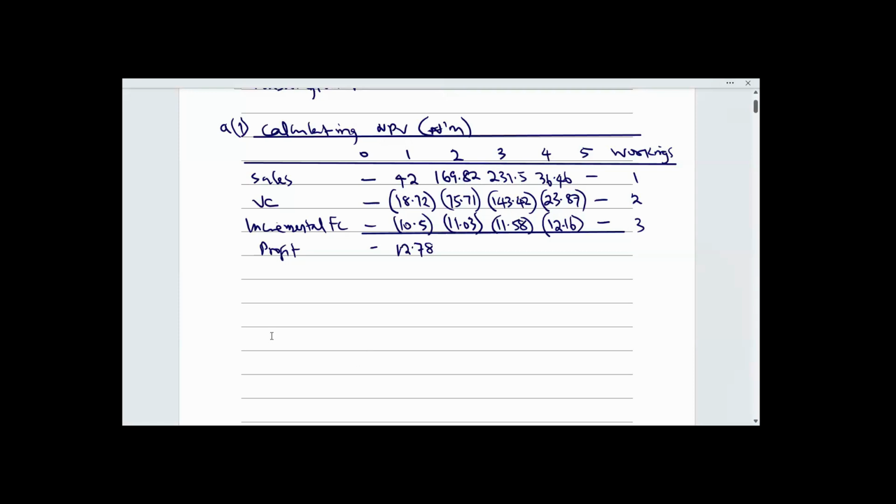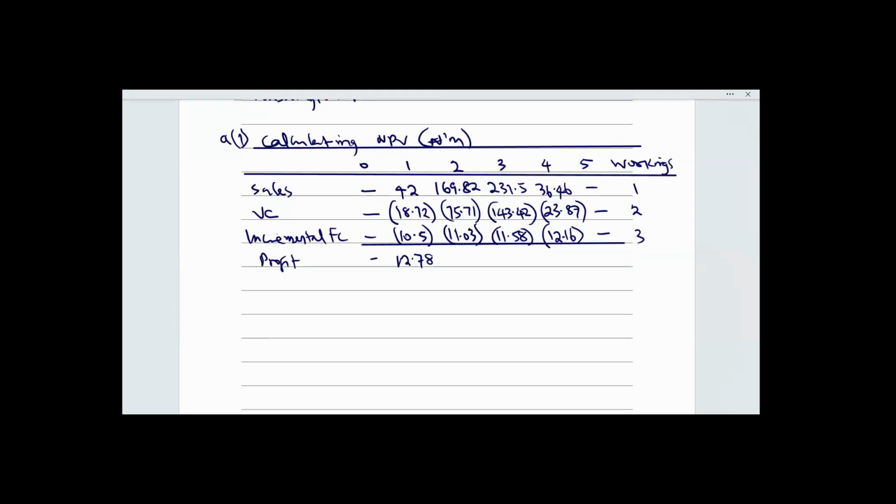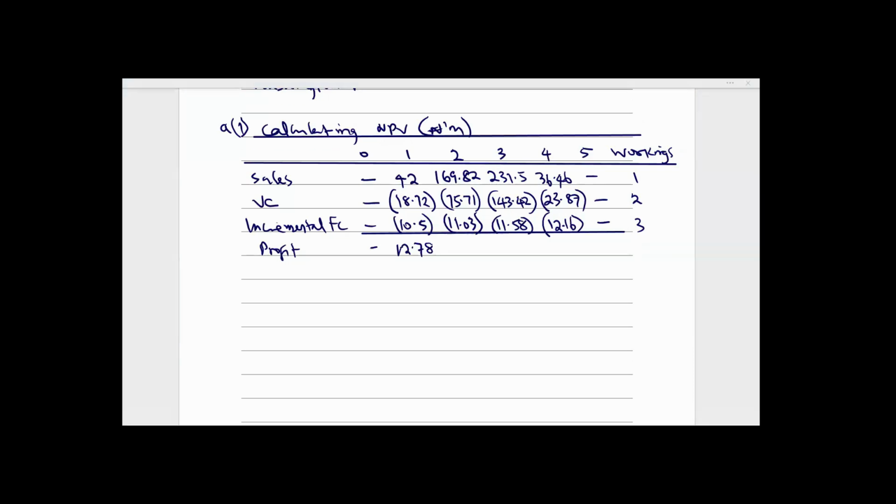Then for year two, profits: 169.82 minus 75.71 minus 11.03, that's 83.03.